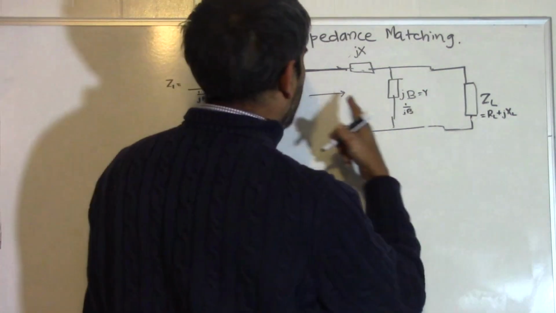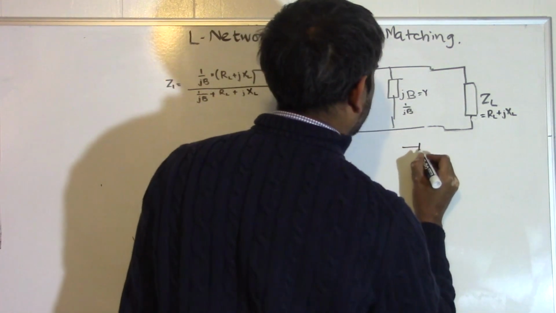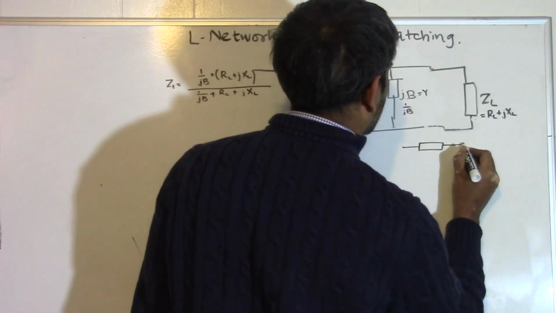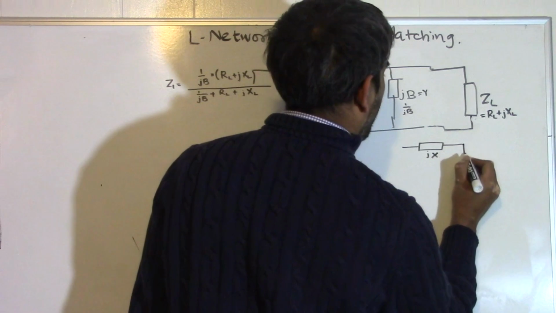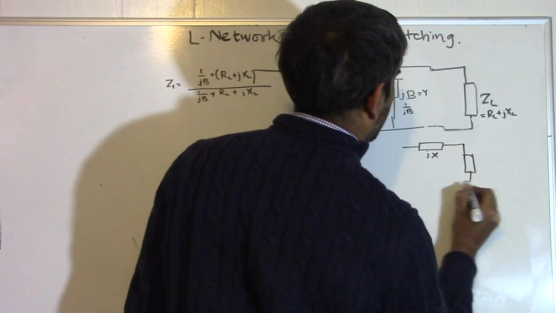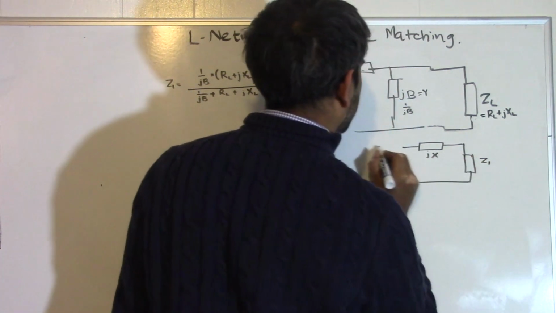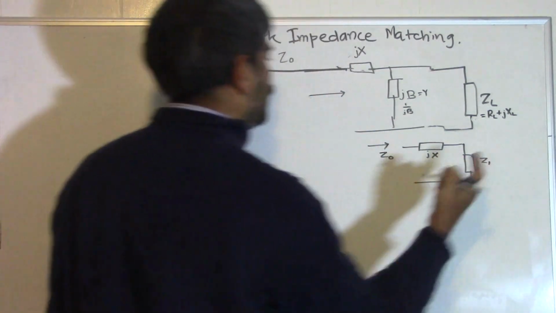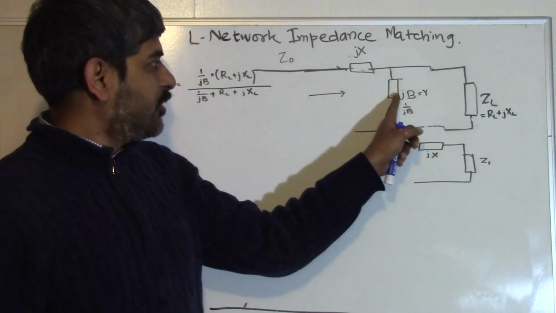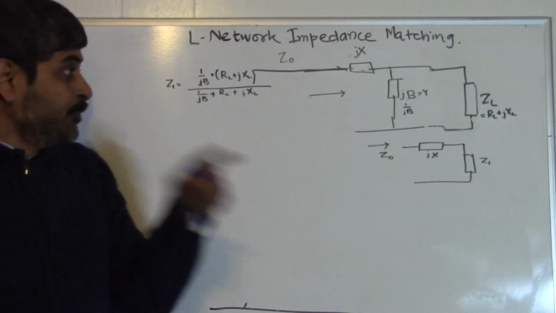Which means that we are now looking at a network composed of jX and Z1, where Z1 is the equivalent impedance of these two elements.